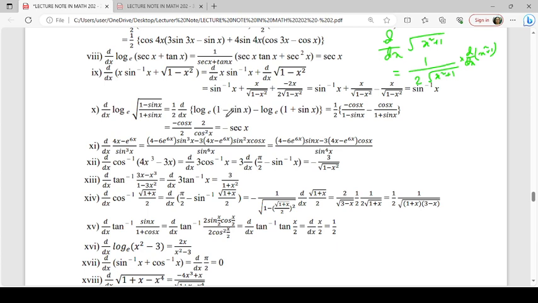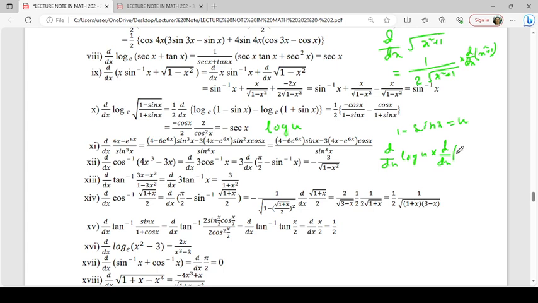Then log x derivative is 1 by x, so if it is log u, where 1 minus sin x is u, it is d/du of log u into d/dx of u.